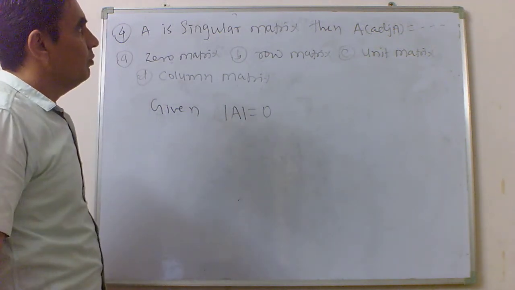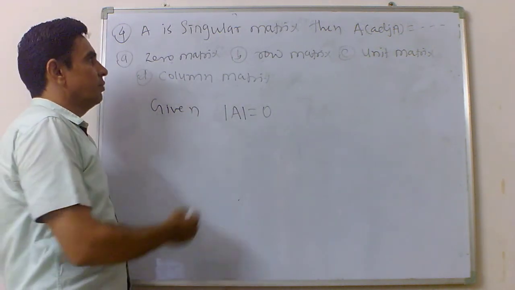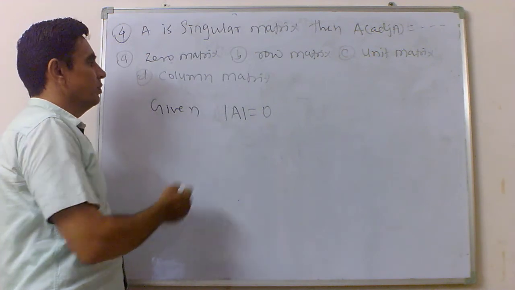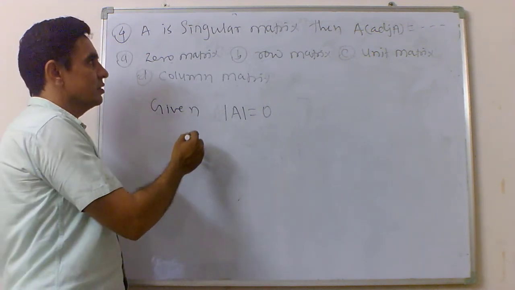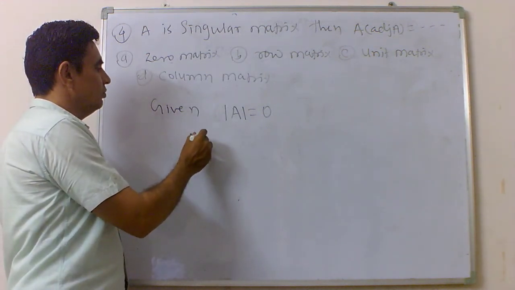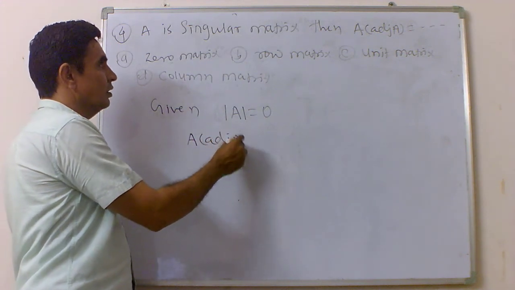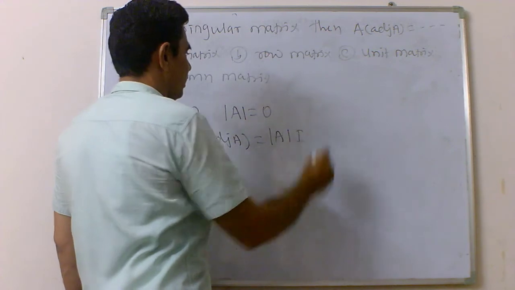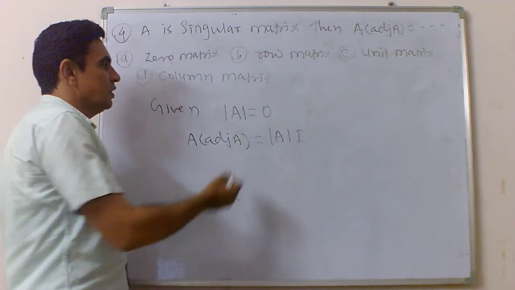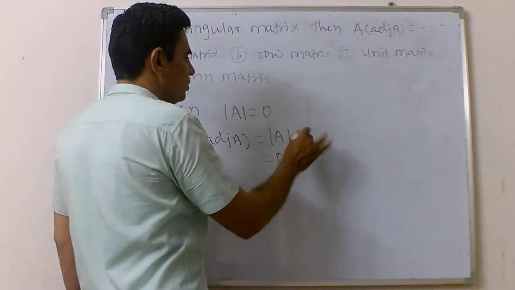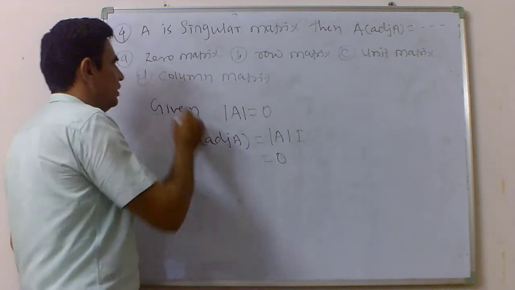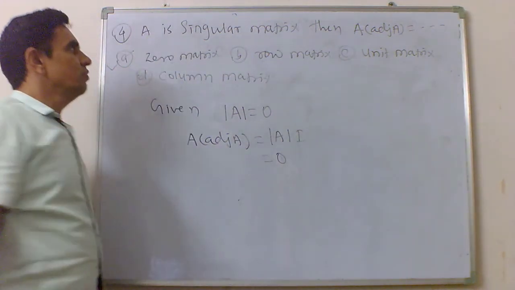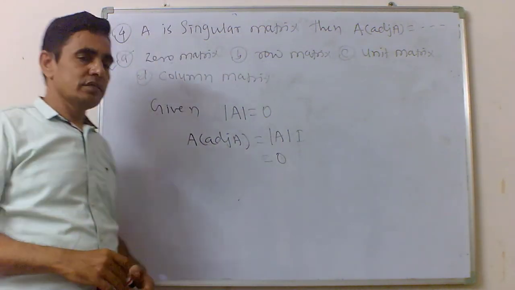We know the second property of the adjoint of a matrix: A into adjoint of A is equal to determinant of A into I. But here determinant of A is given as 0. 0 into I is 0. Hence it is a zero matrix or null matrix.